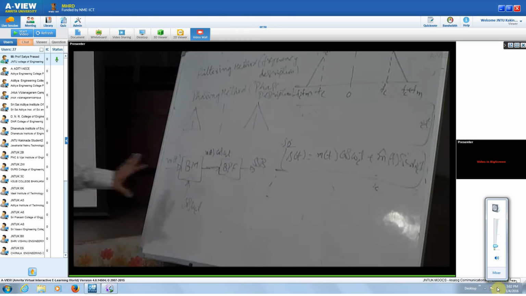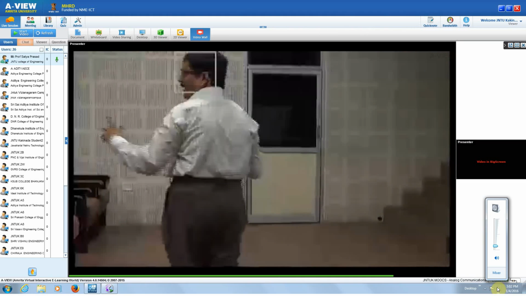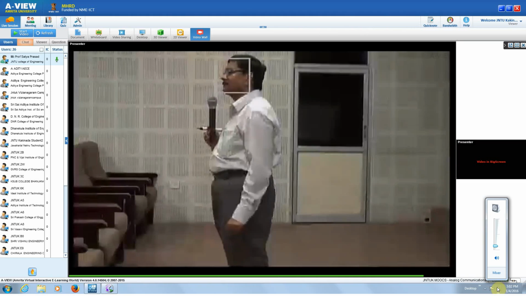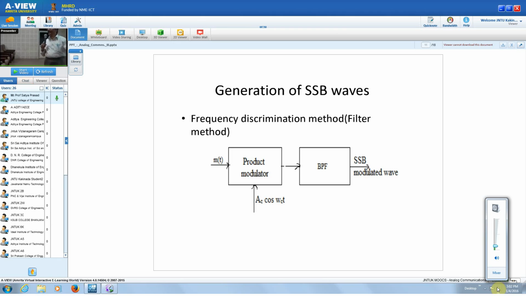So this appears to be simple, but what is the problem here? We have a baseband signal, let us say a voice signal. Normally we say some 30 hertz to 20 kilohertz, or basically 4 kilohertz, we may say. And suppose we are using a carrier of 10 megahertz, right? The carrier frequency that we are going to have is 10 megahertz. Then what will be the spectrum that we are going to have?